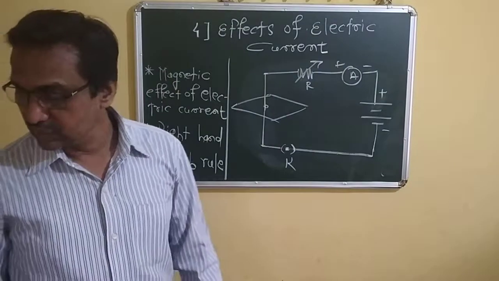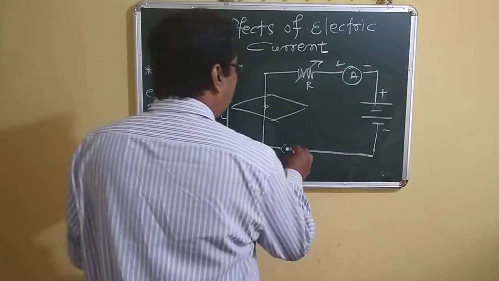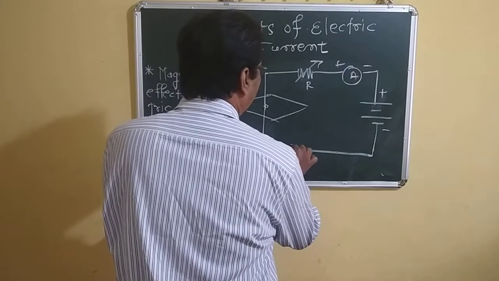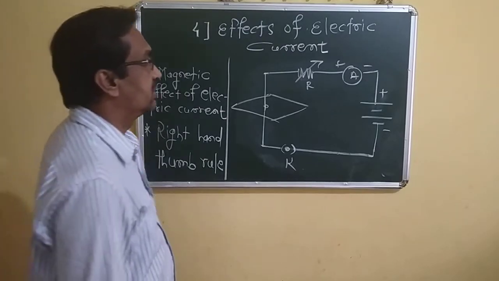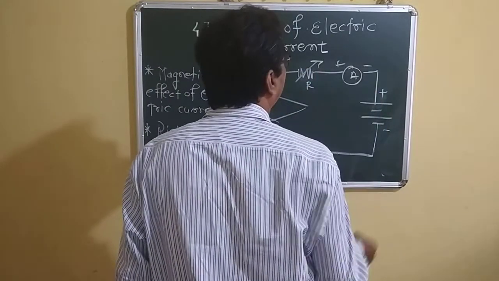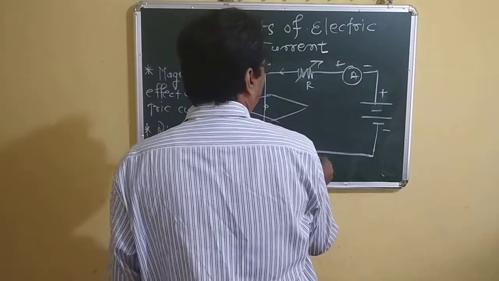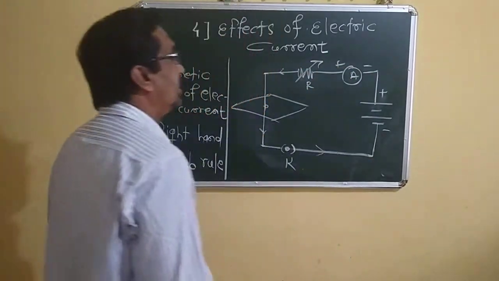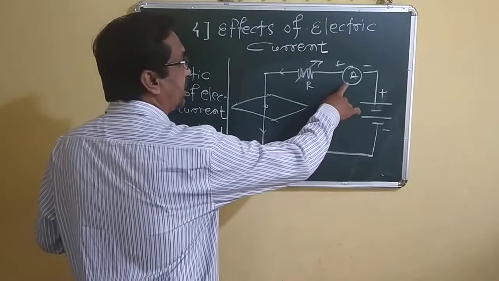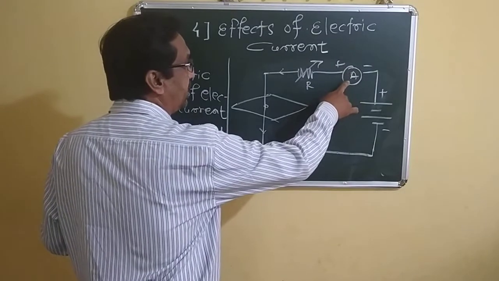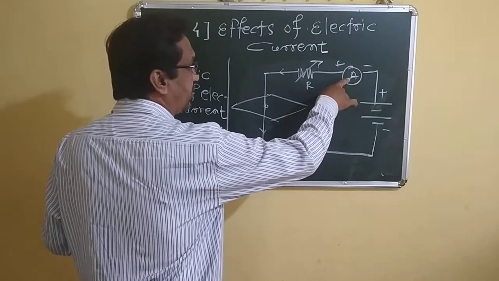What we have to do is insert the key and switch on the circuit. The circuit is completed and the electric current flows from the positive terminal to the negative terminal. On the ammeter we can measure the electric current and easily observe how much current is flowing in the circuit.